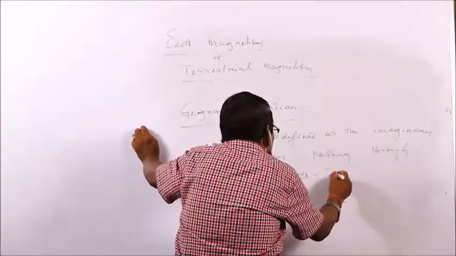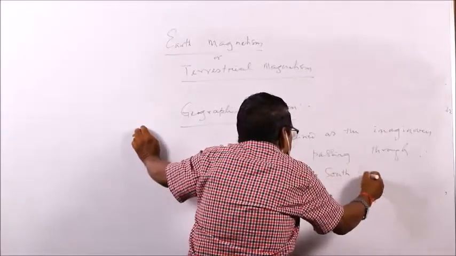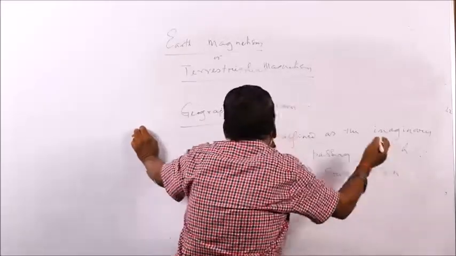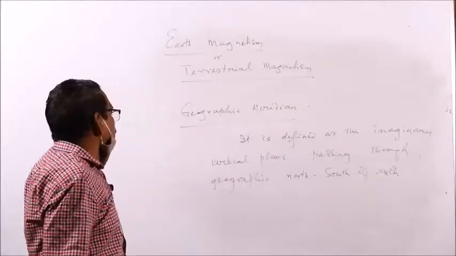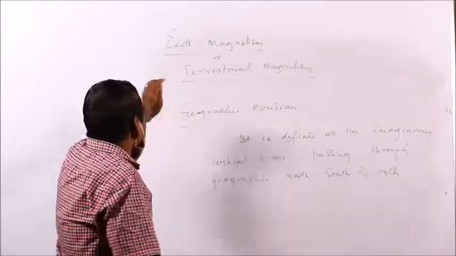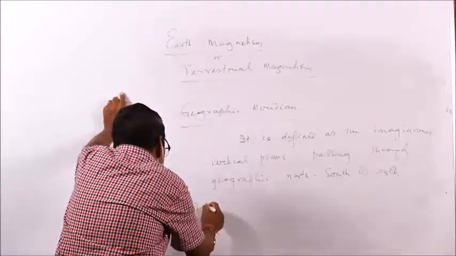Geographic north-south of Earth. It is defined as the imaginary vertical plane passing through the geographic north-south of Earth. That is the geographic meridian.